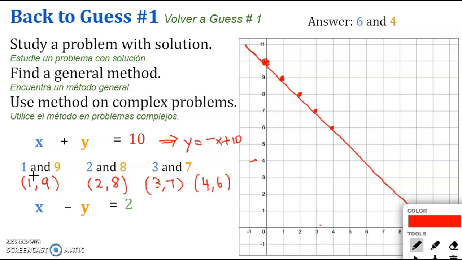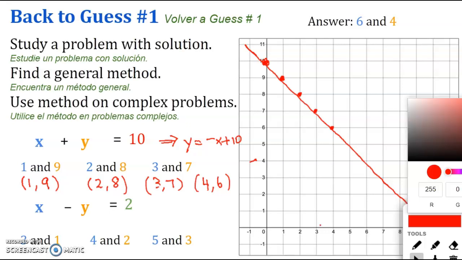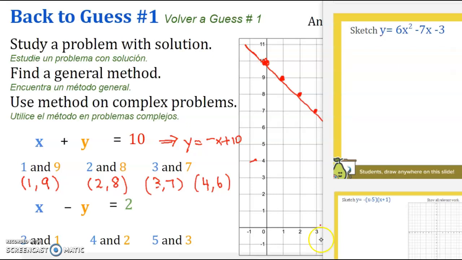What about x minus y is equal to 2? Again, we can think about some numbers that work. If x was 3, y has to be 1. If x was 4, y has to be 2. If x was 5, y has to be 3. So I can represent that as some points, as corner points.